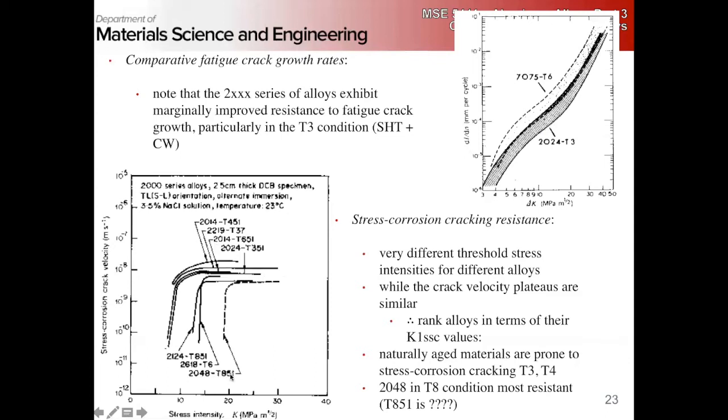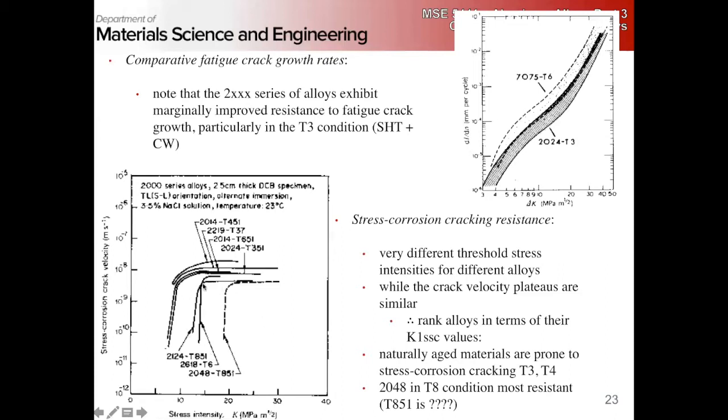2048 in the T851 condition. So what is this 851? Go back and take a look and sort it out. Is the highest, right? Is the most resistant to stress corrosion cracking. Now I'm bringing this up because when we look at the 7000 series alloys, you'll see a very different behavior.